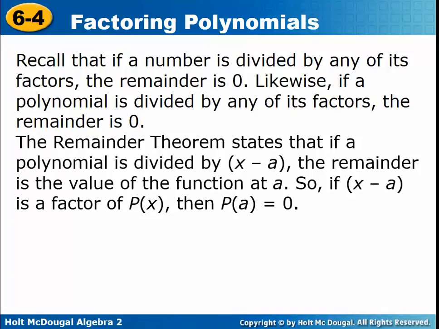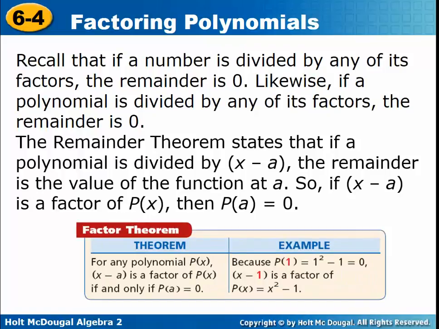So we can use something called the remainder theorem, which says that if a polynomial is divided by x minus a, the remainder is the value of the function at a. And we looked at this a little bit when we did some synthetic division at the end of that section. So if x minus a is a factor of p of x, then the remainder, p of a, will equal 0.